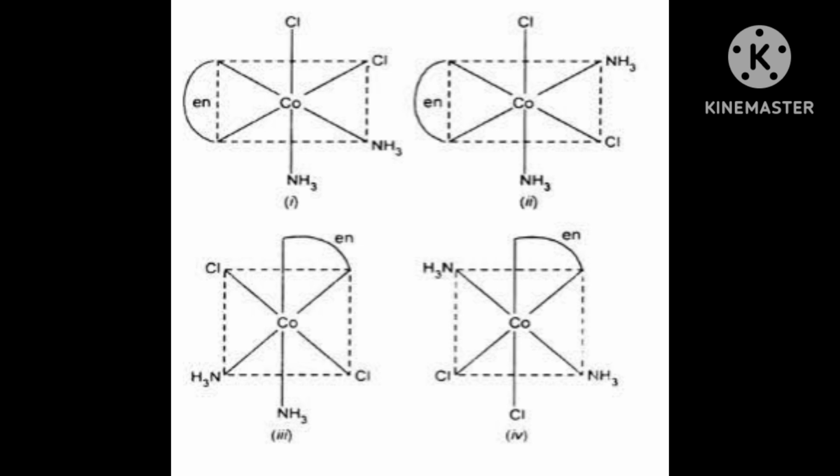Out of 180, you can consider 60; all are making a difference of 60 degrees. Each ligand, each en, will make 2 bonds, since it is a didentate ligand.